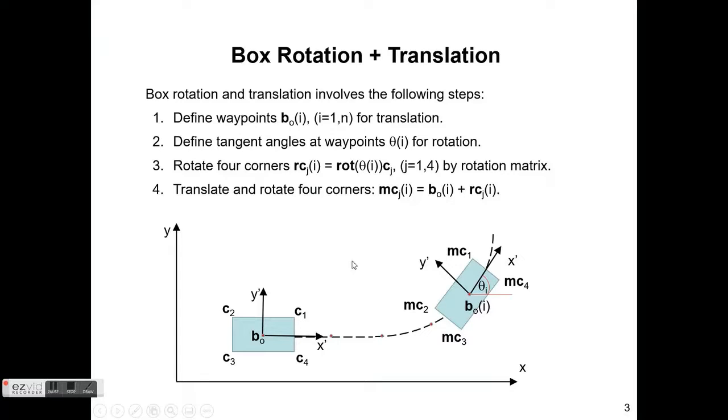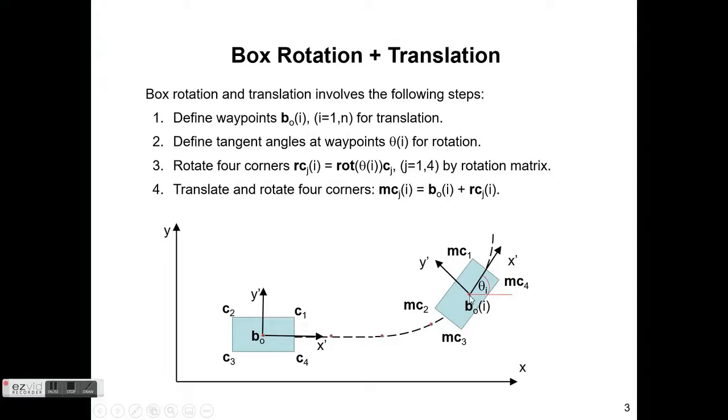Now for rotation, it also involves 4 steps. The first one is you define a bunch of waypoints, but in this case, some along the straight line, some around the curve. But nevertheless, you need the translation. And then for rotation, you have to define the tangent angles.